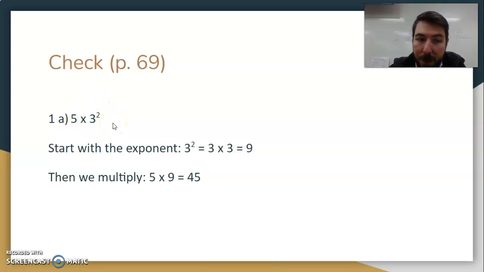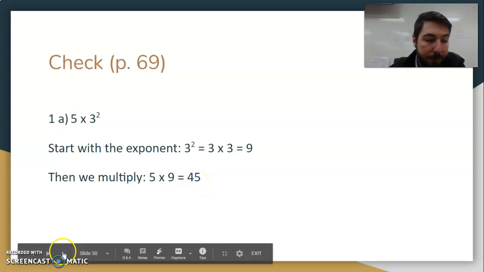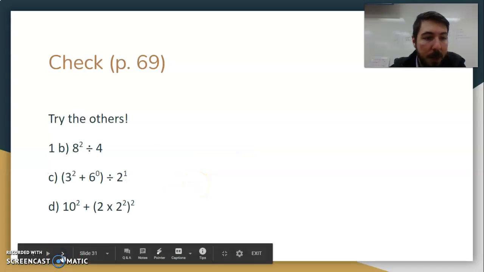We don't have any brackets, so we start with our exponent. So 3 to the power of 2 is just 3 times 3, which equals 9. And then we just do 5 times 9 equals 45. So like I said, just pause the video, make sure you try these. Notice how C and D have brackets, so we're going to do those first. But yeah, give them a shot.